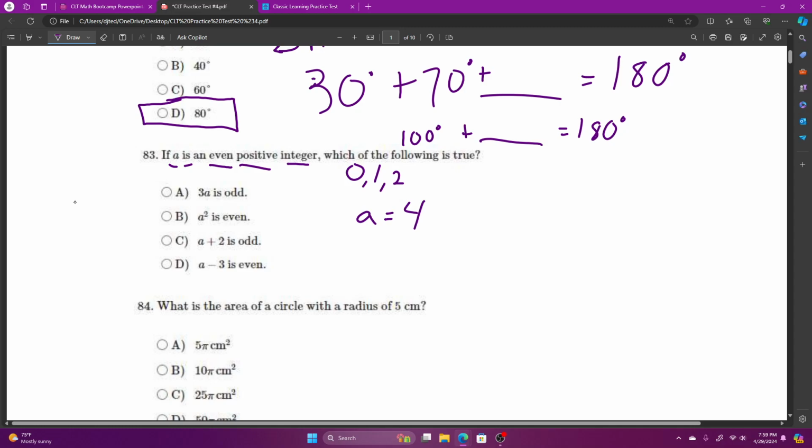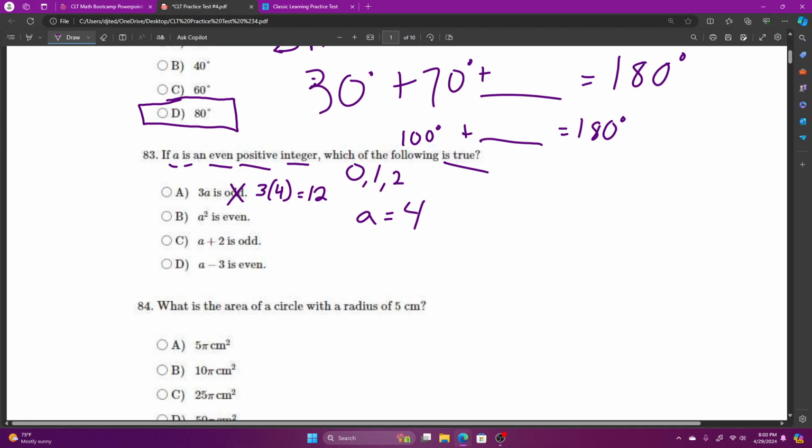So if A is 4, let me see. Okay, so if A is equal to 4, is 3 times A odd? 3 times 4 equals 12, not an odd number. That is not true.